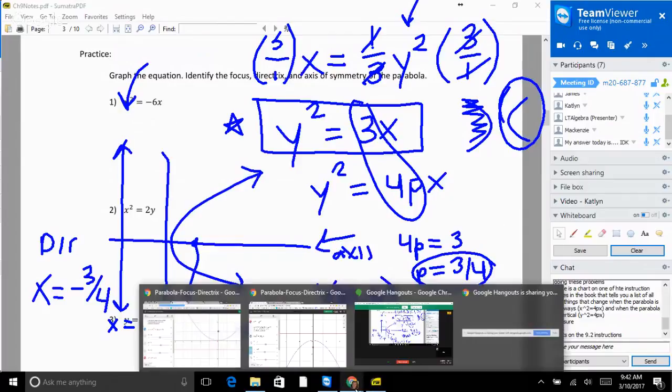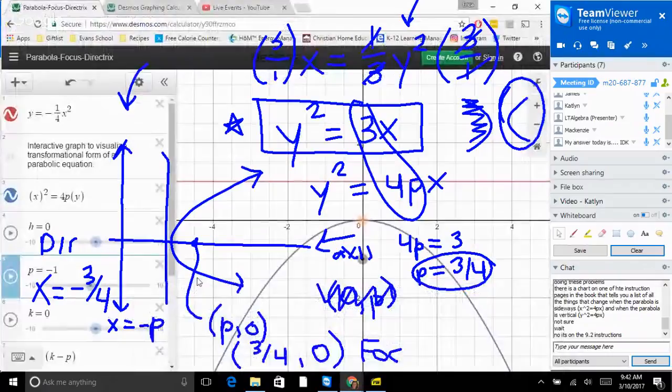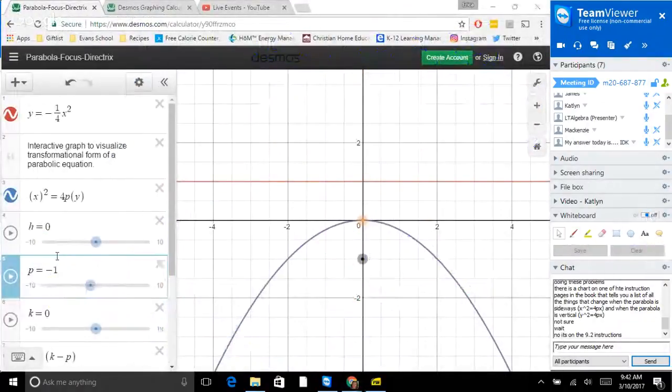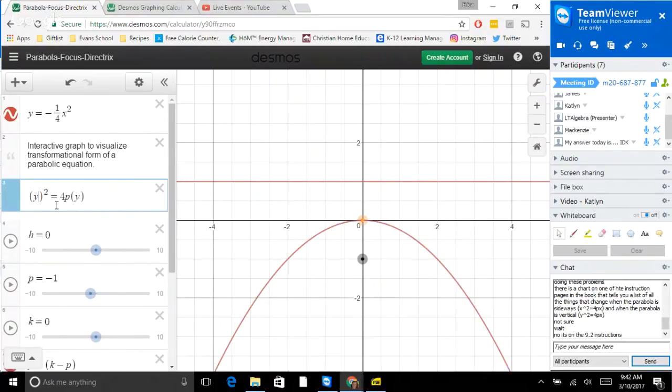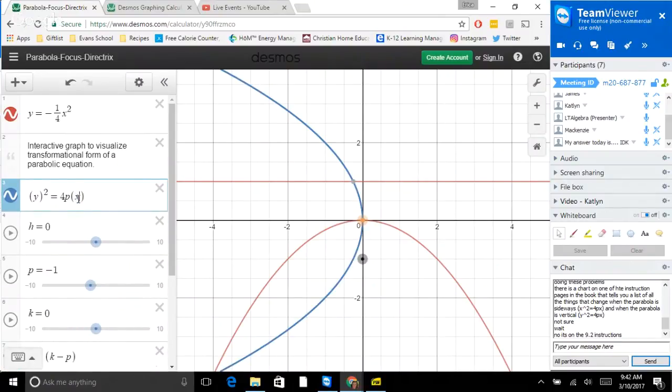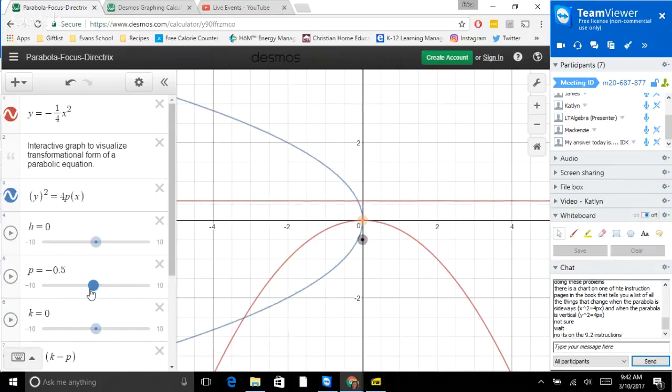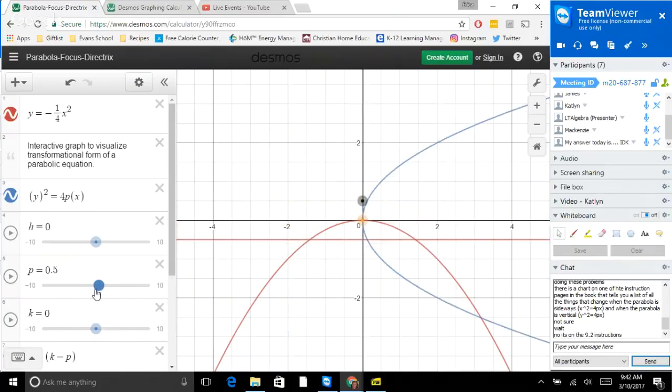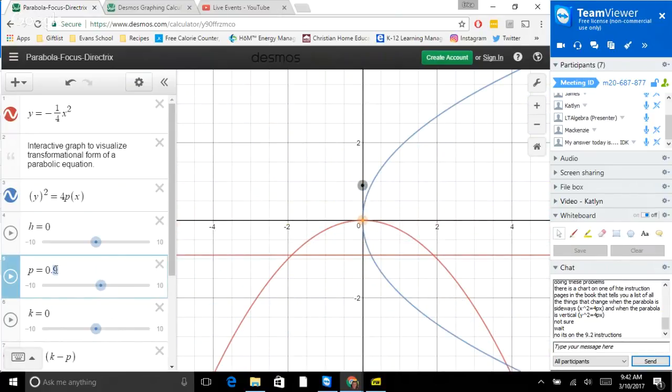If we go in Desmos, I think this might actually fail us for this particular one. This equation, instead of x squared equals 4py, is y squared equals 4px. And we said that our p was 3/4, which is 0.75.